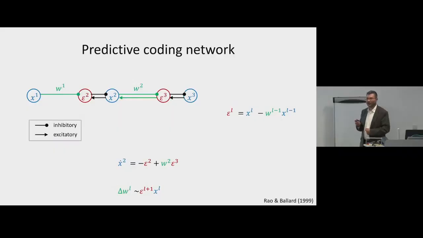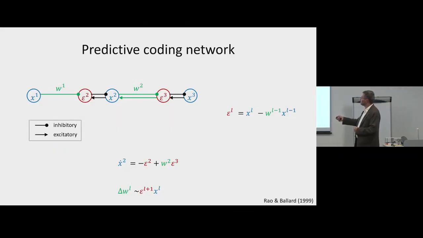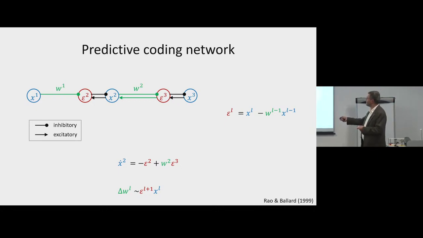So the way this works is that you have these parameters W. But when you train these networks, W can be either positive or negative. So basically, if W is positive, then this connection is inhibitory. If W is negative, then this connection is actually excitatory, and vice versa for this connection, right?